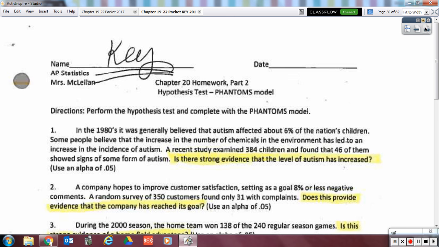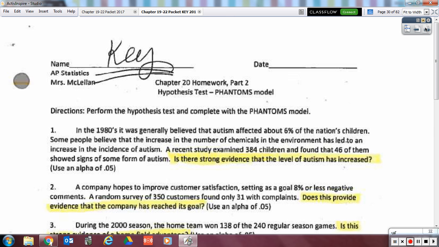Okay, so number 1. In the 1980s, it was generally believed that autism affected about 6% of the nation's children. Some people believe that the increase in the number of chemicals in the environment has led to an increase in the incidence of autism.